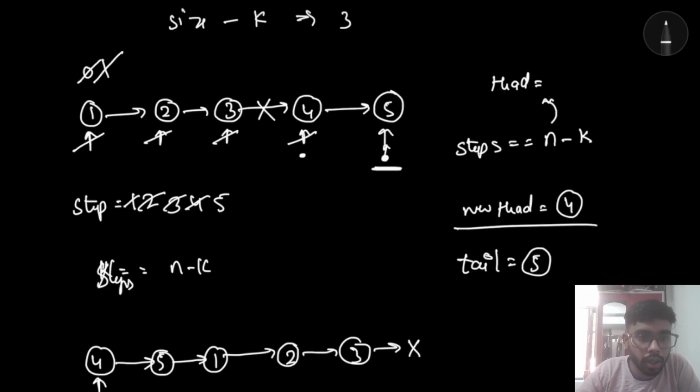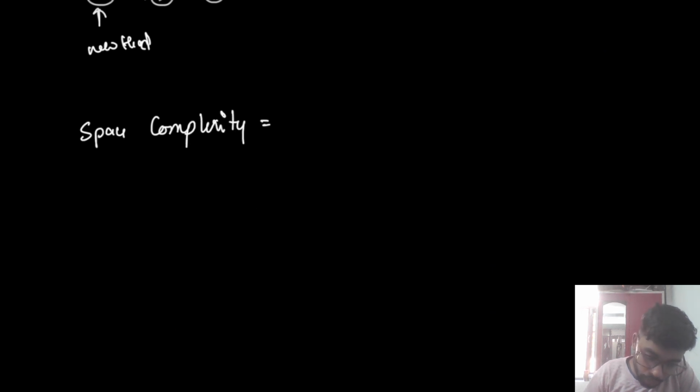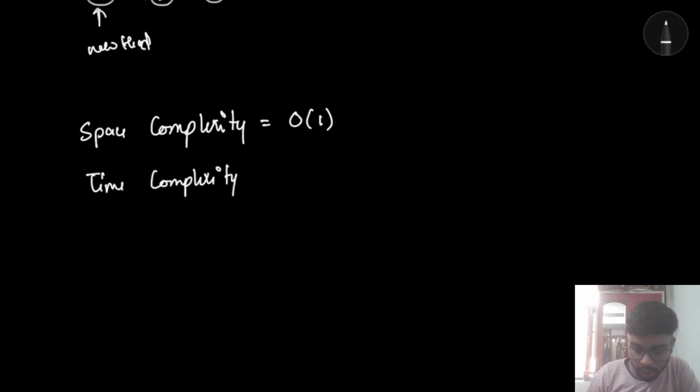So let's get the time complexity and space complexity. Here the space complexity is order of one, constant, right? We didn't use any extra space, and the time complexity is order of n, right?